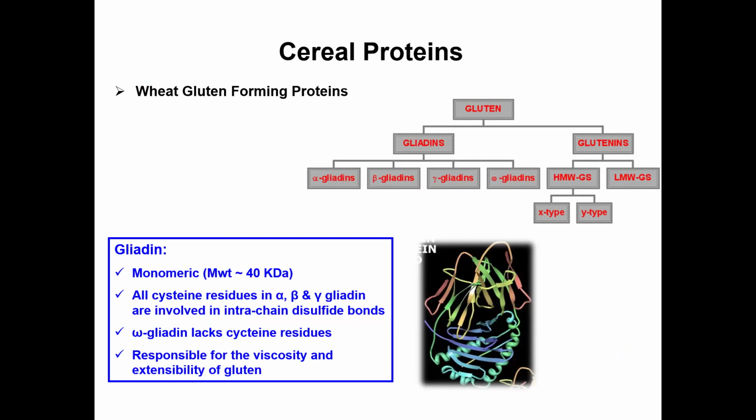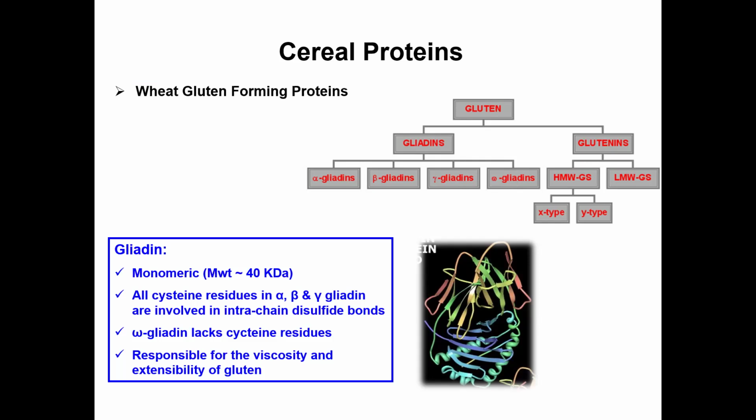But when you knead the dough and open up the structure, free sulfhydryl groups are exposed, then gliadin can form interactions with glutenin and form that gluten network. So intra means within itself, inter means with other molecules.